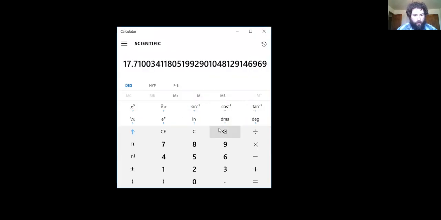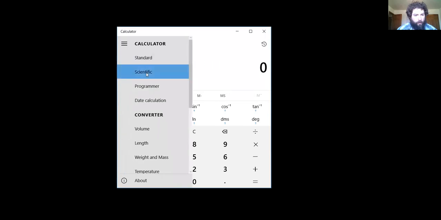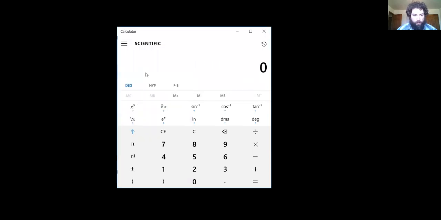Here's my calculator, and I'm in scientific mode. For Windows 10, you choose scientific. Let's say I want to do the inverse tangent. I don't see the inverse tangent, tan to the minus 1, so I have to go to this button here.